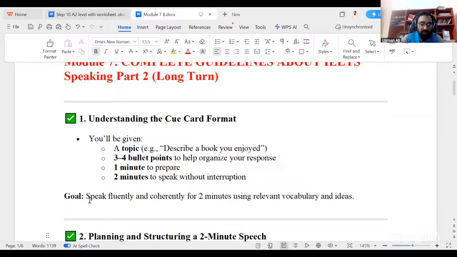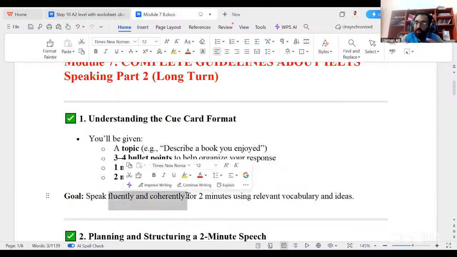You will speak fluently and coherently for 2 minutes using relevant vocabulary and ideas. Coherently means your answer must be well connected.